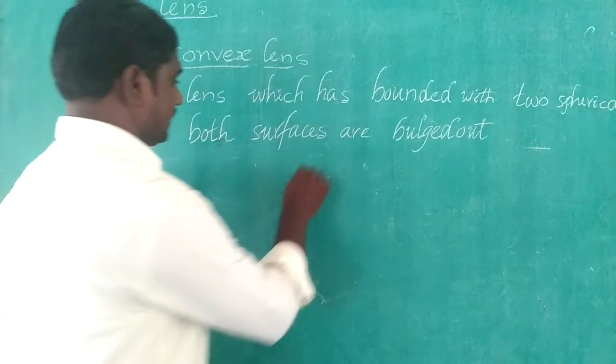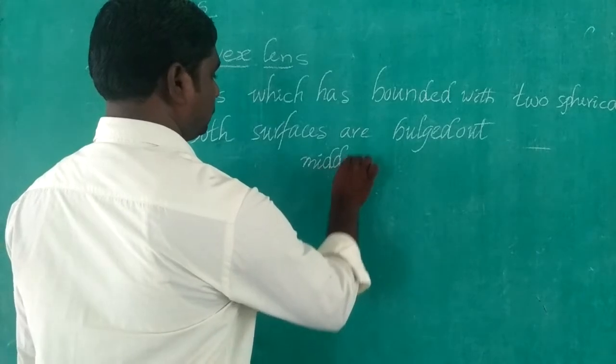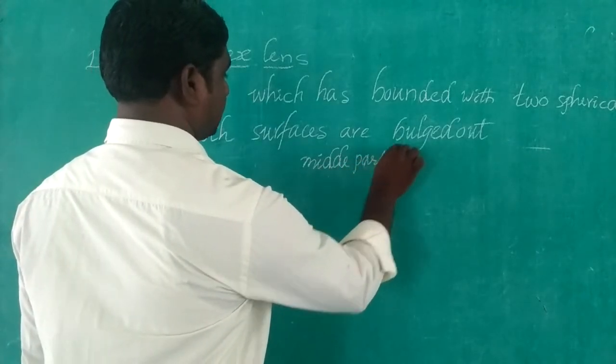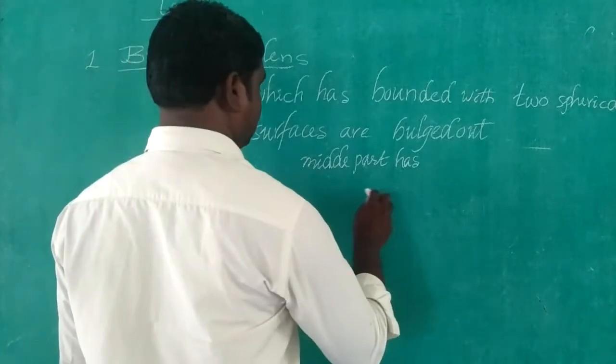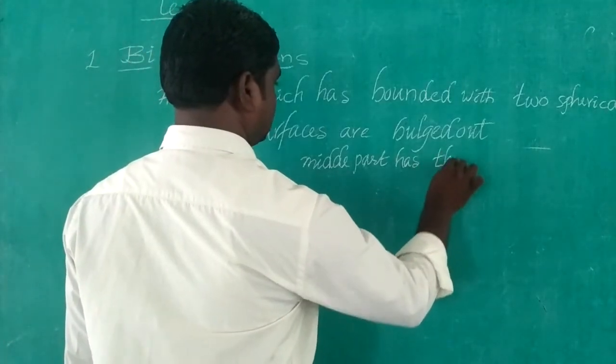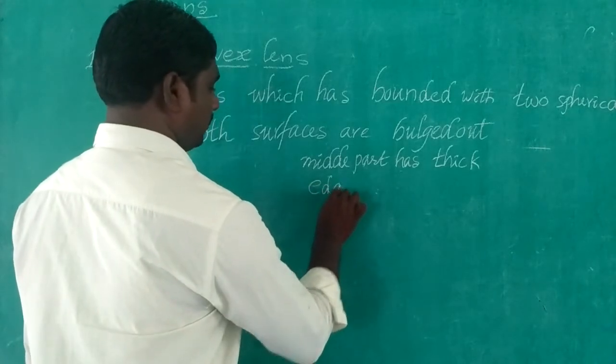In this lens, the middle part is thick and the edges are thin.